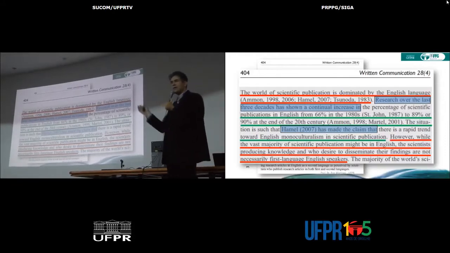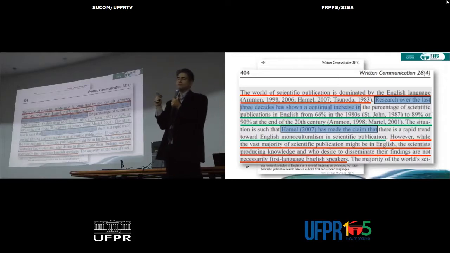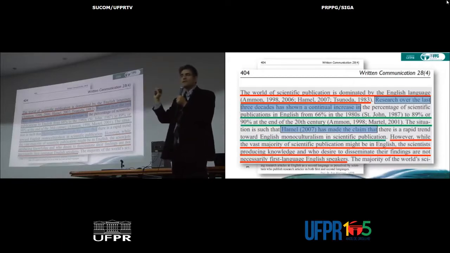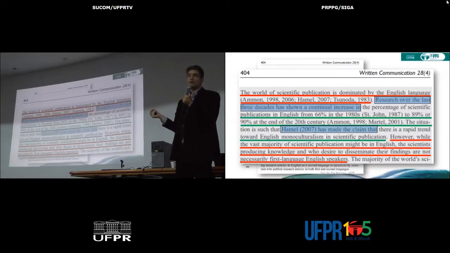Here, you might say, okay, Hamel has made the claim that, and you could substitute Hamel 2007 for Fulano 2012, has made the claim that, and that will sound perfectly fine, and you're not plagiarizing this author. You're just saying what a bunch of other academic authors write exactly the same way.